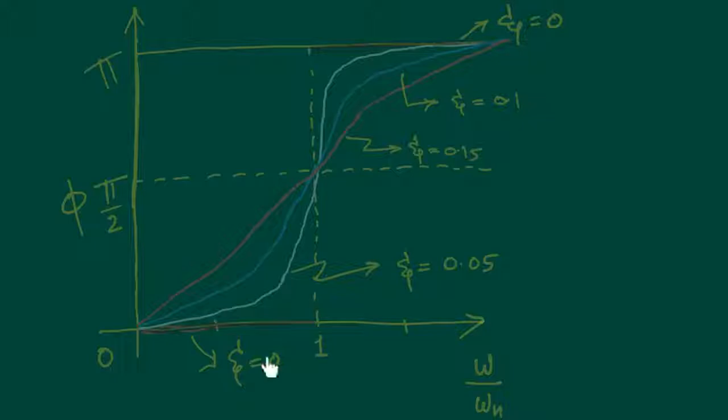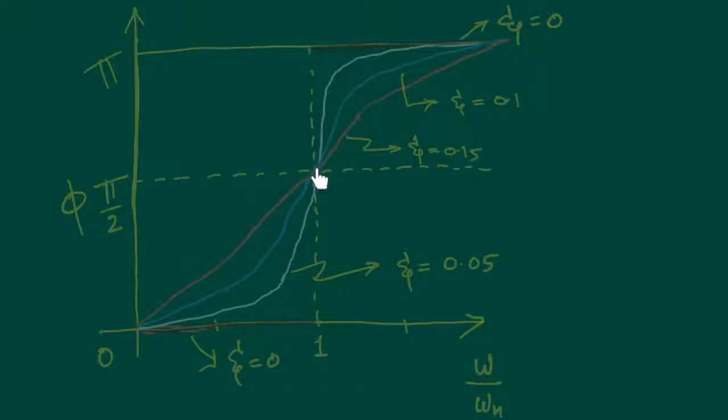So let's talk about the undamped case first. For the undamped case, whenever omega by omega n is less than 1, the phase is always 0. Then suddenly there is a discontinuity in the function for zeta equal to 0.